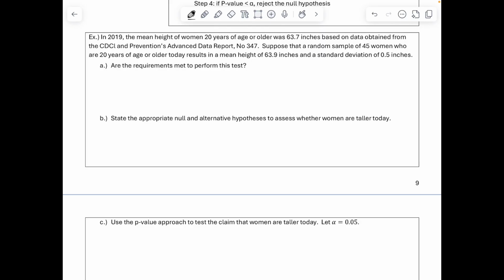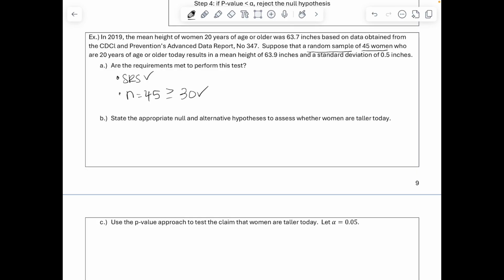The first question is, are the requirements met to perform this test? The first one is it needs to be a simple random sample, and it states that. And then the next thing is that we have to have a sample size greater than or equal to 30. Our sample size for this problem is 45 women, which is greater than or equal to 30. So check, yes, the requirements are met.